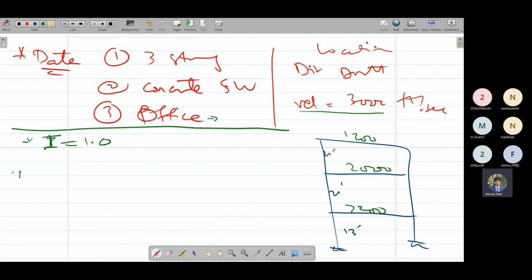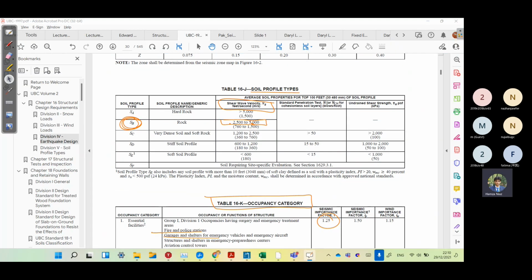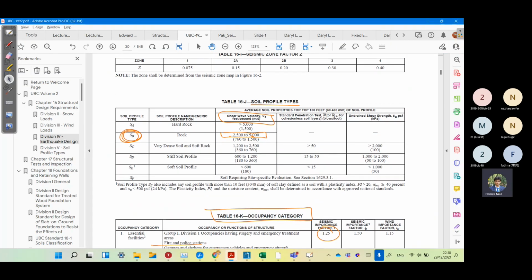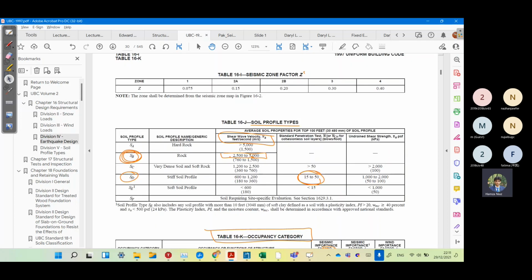So the first is our importance factor, and the second is our soil profile, which is SB soil. Similarly, we can be given that the N value for the standard penetration test is 30, so we can check this as SD soil. This value was just given to categorize the soil where our building is going to lie.